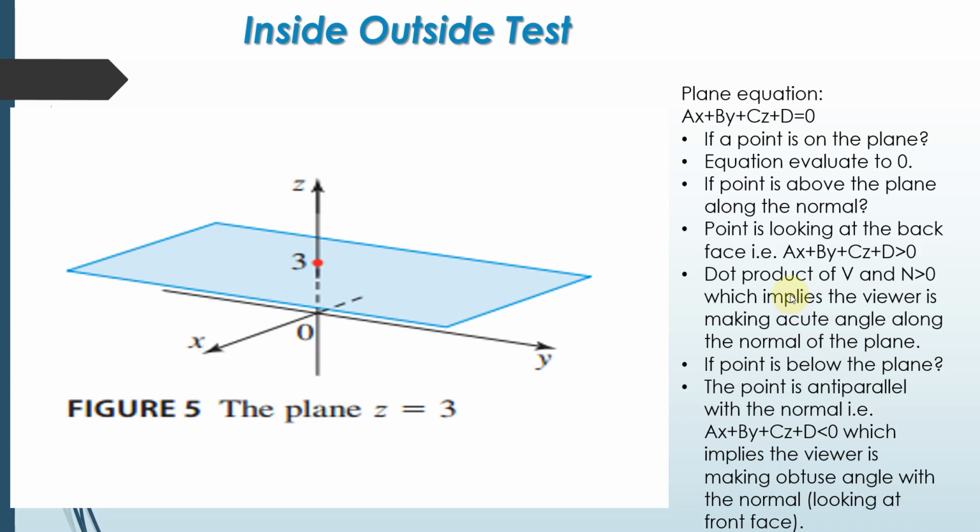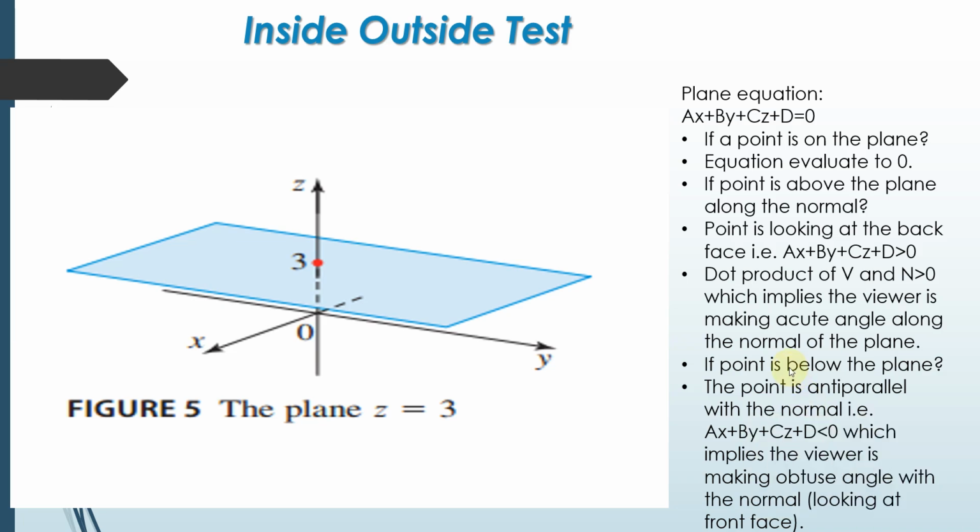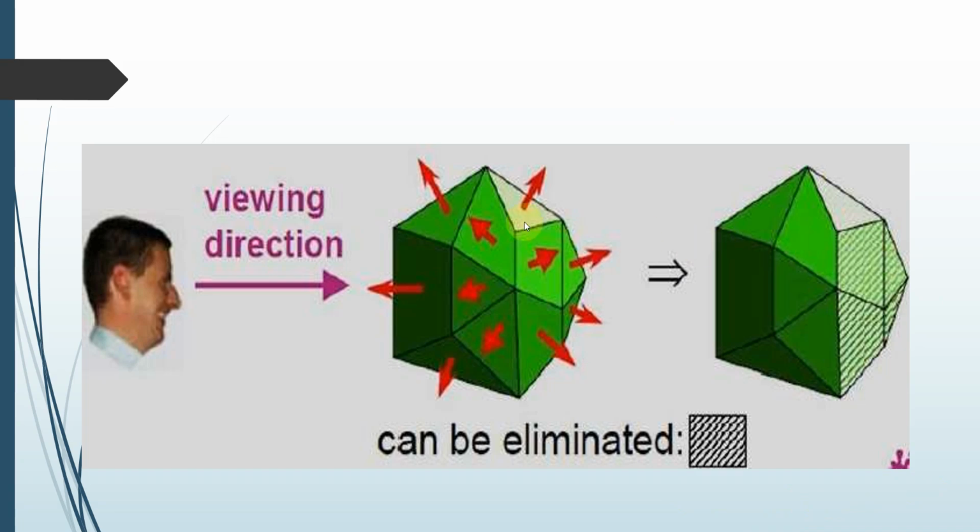And what if the point is below the plane? It means that the point is anti-parallel with the normal, that is, ax + by + cz + d is less than 0, which implies the viewer is making an obtuse angle with the normal, which implies that we are looking at the front face.